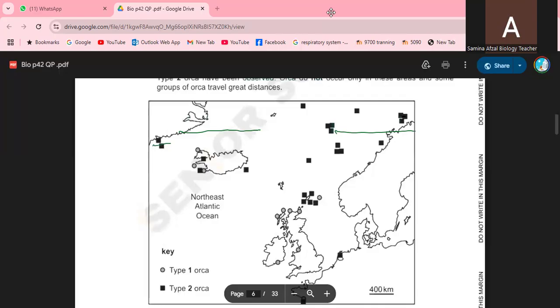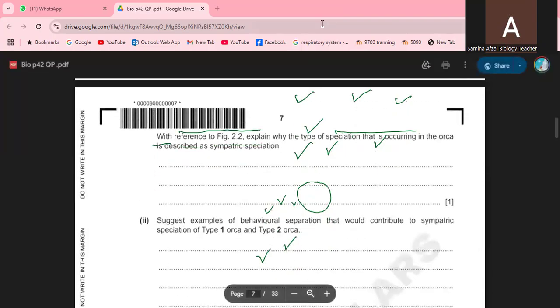In some areas only type 2 orca is available, but in this area both of these types are occurring, and in this area only type 1 is occurring, and in this area only type 1 is occurring, but there are some where both are occurring. So with reference to figure 2.2, explain why the type of speciation occurring in the orca is described as sympatric speciation.